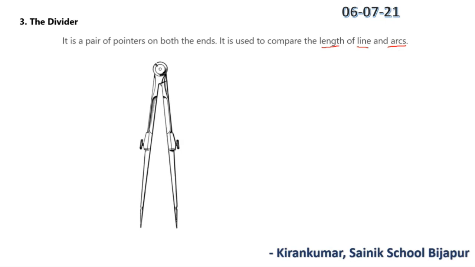The next instrument is called a set square. It is a set of 2 triangular pieces. One of the triangular pieces has 45 degree, 45 degree and 90 degree angles at the corners. If we join 2 such triangular pieces, we get a square.